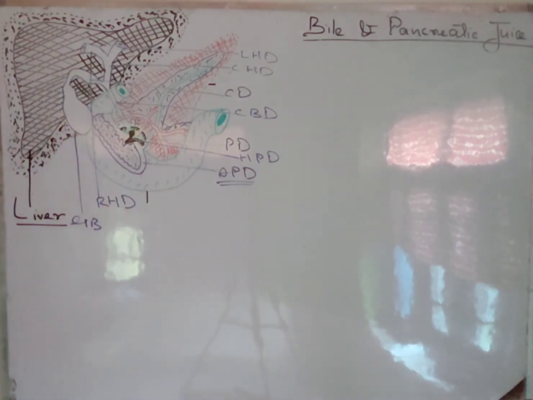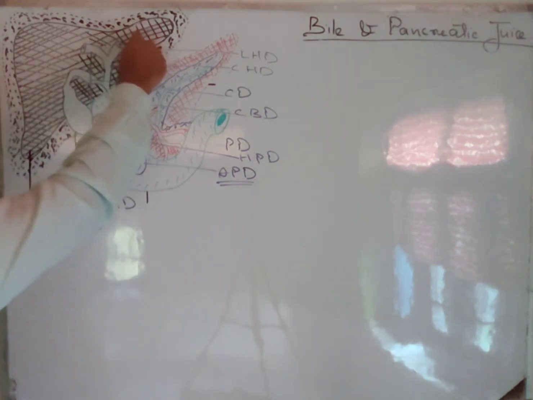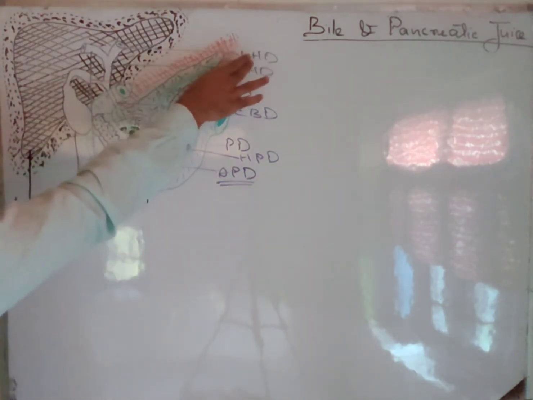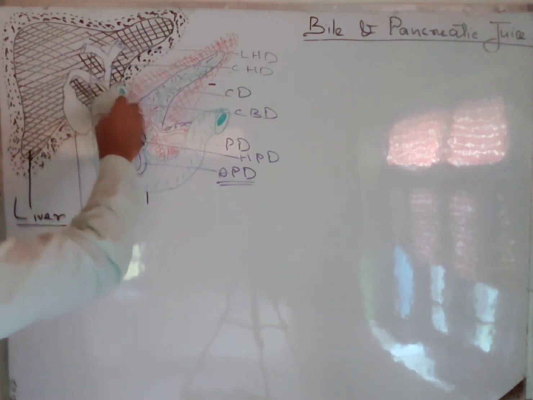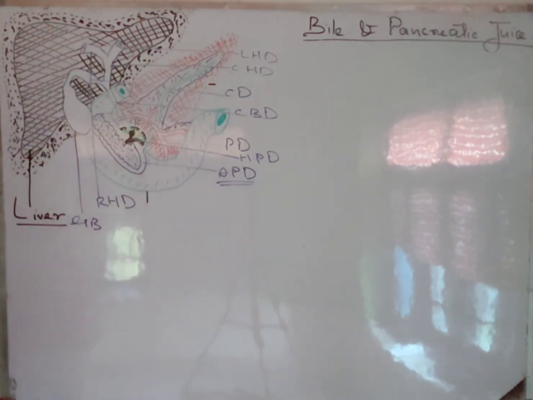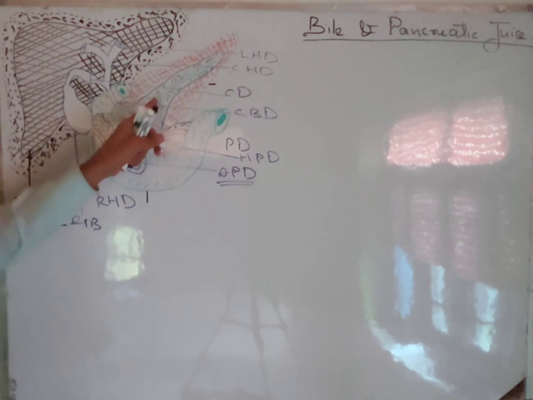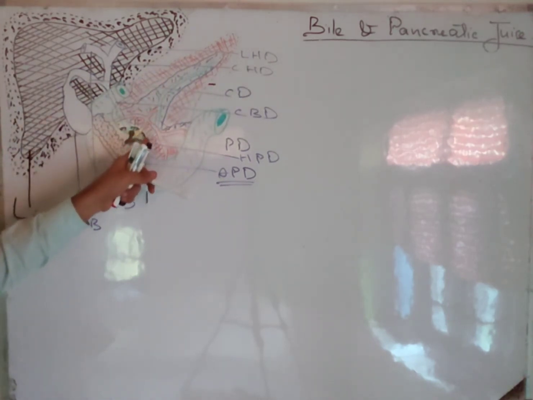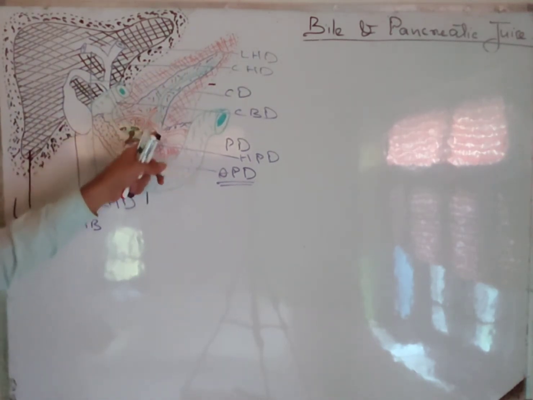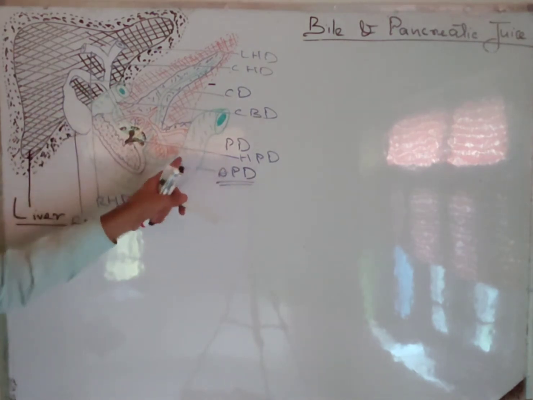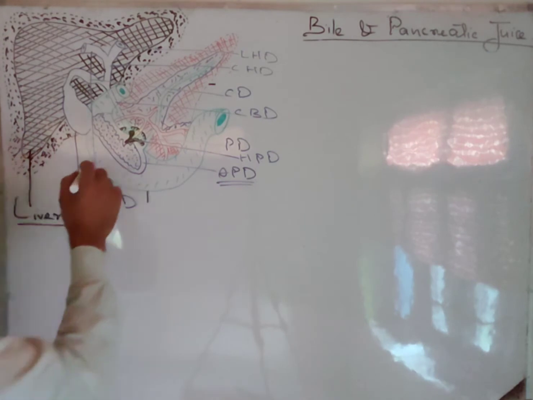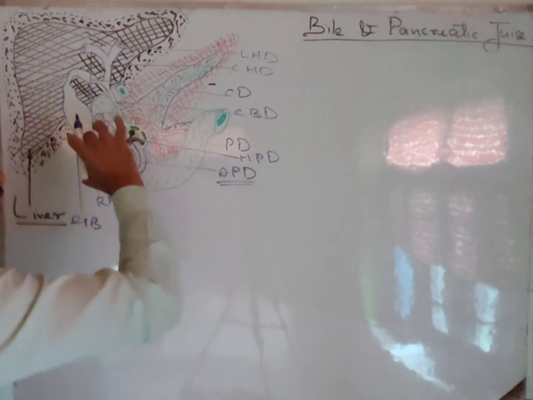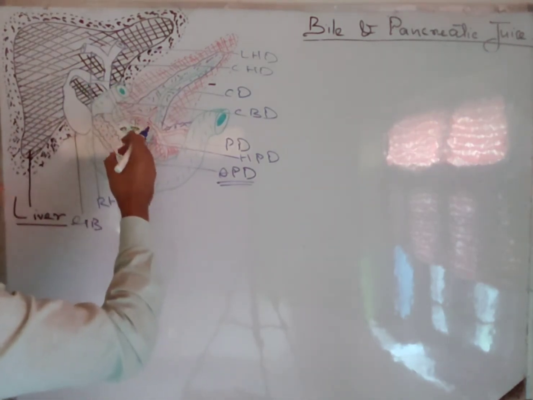This is the duct system. This side of the liver will be drained by the left hepatic duct, this by the right, then the gallbladder by the cystic duct, and ultimately they will be drained collectively by the common bile duct. This region of the pancreas will be drained by one of the major ducts, known as the pancreatic duct, which fuses with the common bile duct to form the hepatopancreatic duct here, and the hepatopancreatic duct then gets incorporated into the ampullary region of our duodenum.